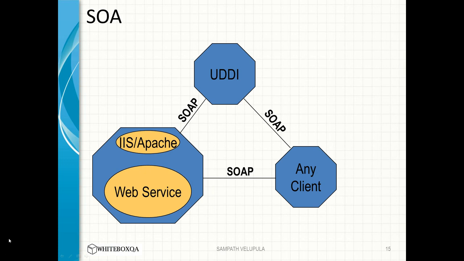So when you are using web services, web services are hosted on a web server: Apache, IIS, Tomcat, of course Apache Tomcat, JBoss, WebSphere, WebLogic, and there are many others too. So a web service can be hosted only on a web server. Got it? Like your web application is hosted on a web server, a web service is also hosted on a web server.